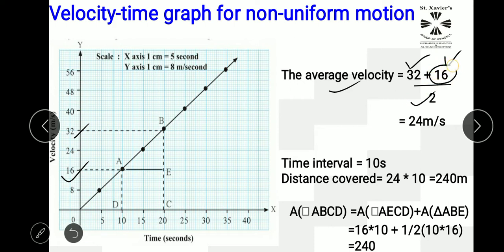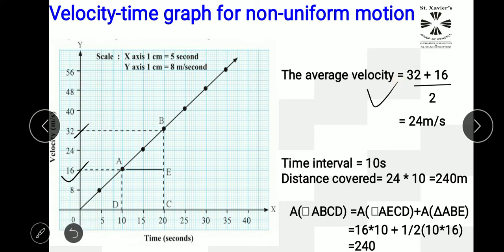Here initial velocity is 16, final is 32, and the whole upon 2. So 32 plus 16 is 48, upon 2 we get 24, students. So here we have the average velocity.